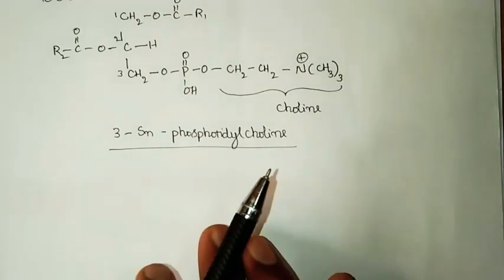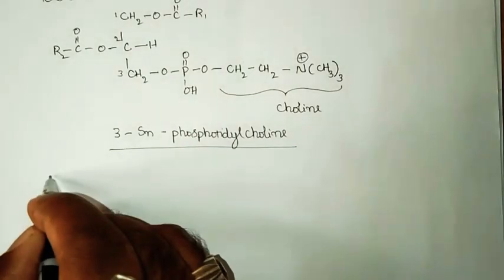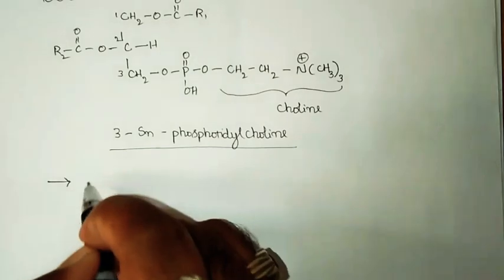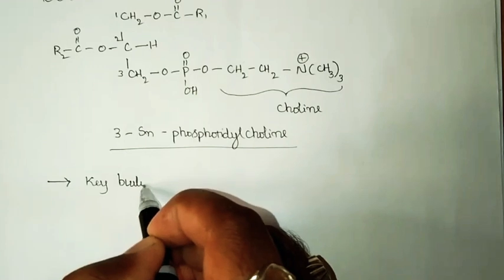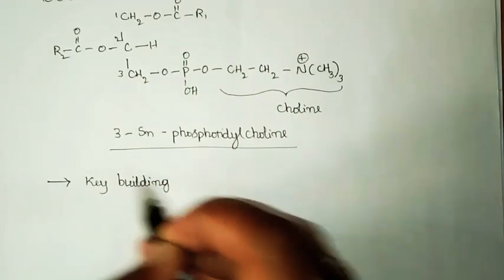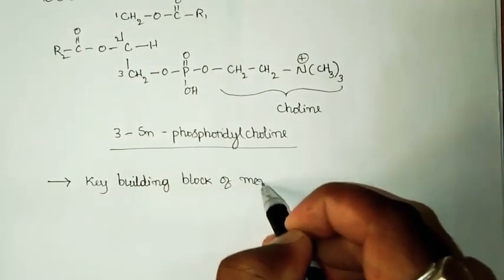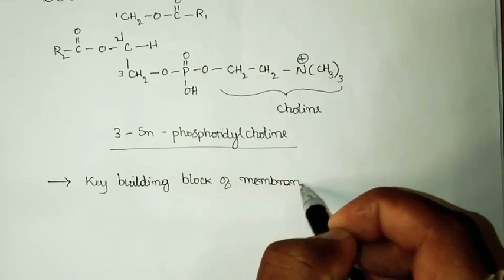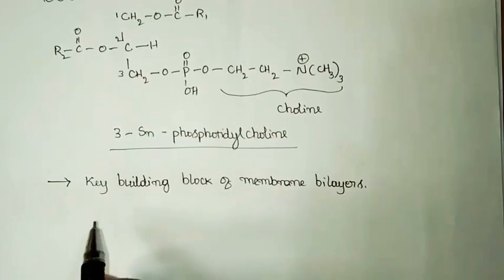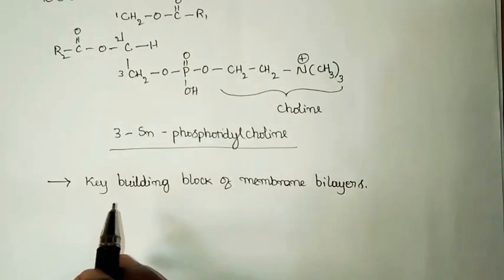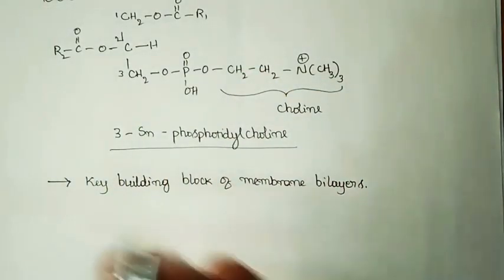present in all the living cells, meaning it is present both in plants as well as in animals. And this lecithin is the key building block of cell membrane bilayers. In particular, it makes up a very high proportion of the outer leaflet of the plasma membrane.